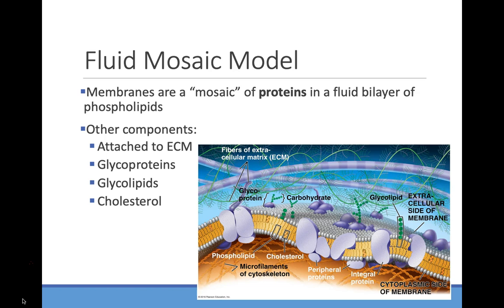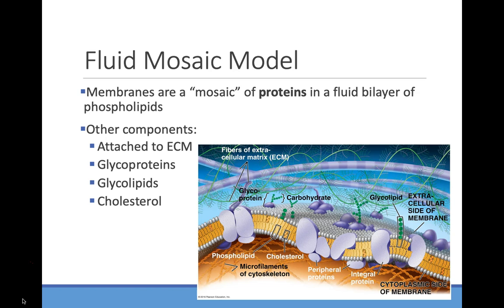Here we have the image that I was just talking about, the first image in your book. And again, these membranes are called a mosaic. A lot of times this membrane model is called the fluid mosaic model. Mosaic because it's made up of a variety of different parts, and fluid because all of those parts can move sort of laterally within the plasma membrane.